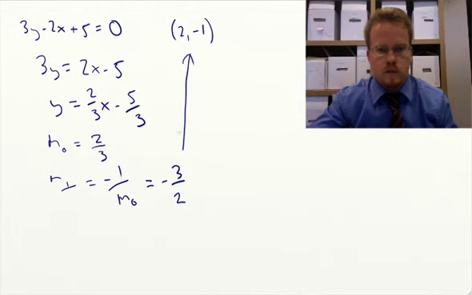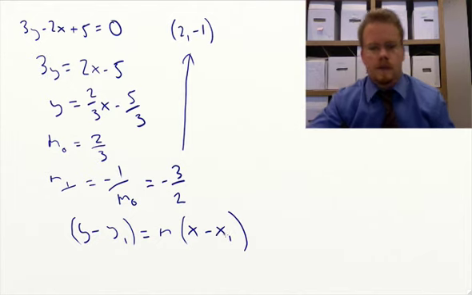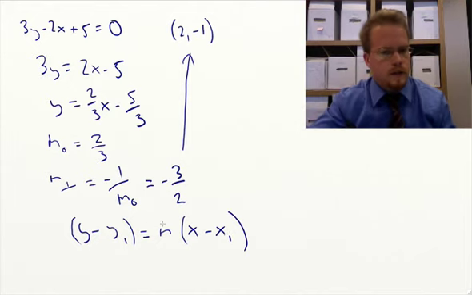So we'll use this slope and this point in the point-slope equation, which is what you use when you have a point and a slope. I know some of you like to solve for b and use slope-intercept. That's fine as well, but this kind of eliminates one step for you. So here we go.